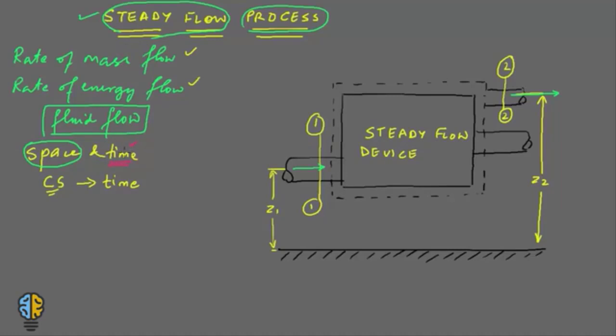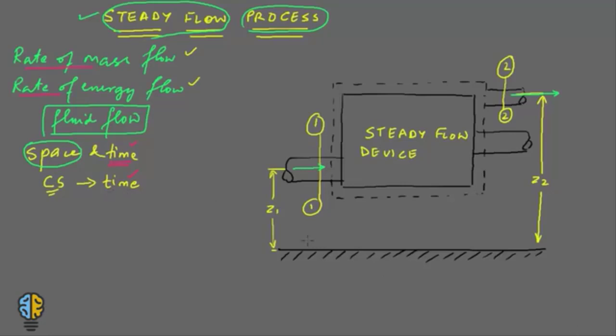Whenever the rate of mass flow and the rate of energy flow through a control surface change with time, the mass and energy within the control volume will also change with time.